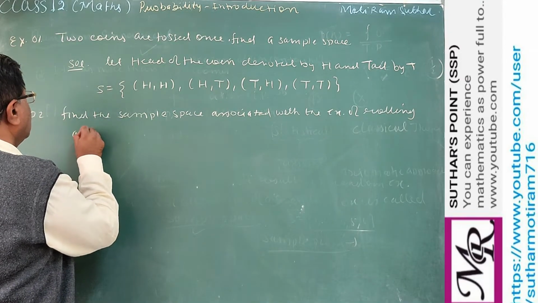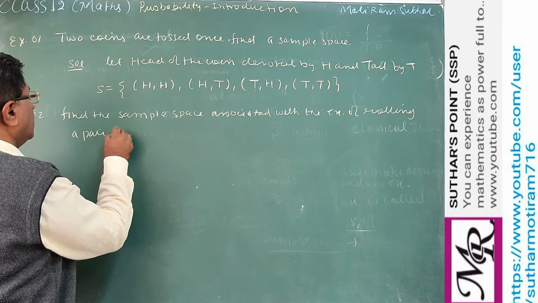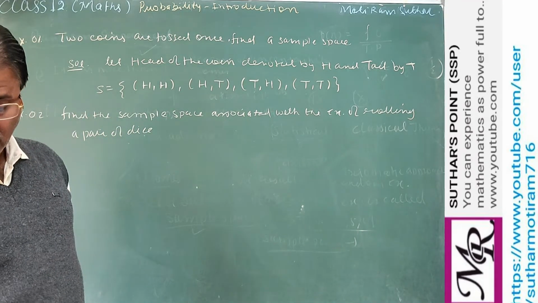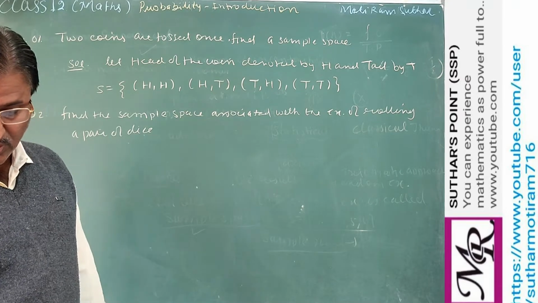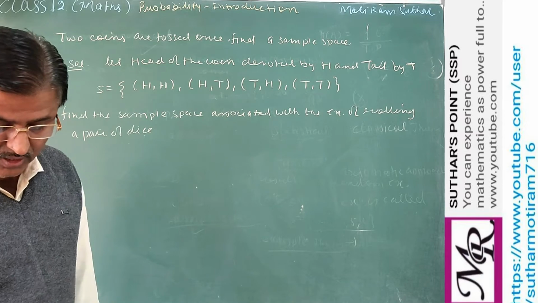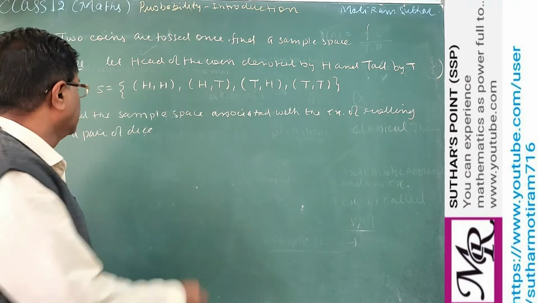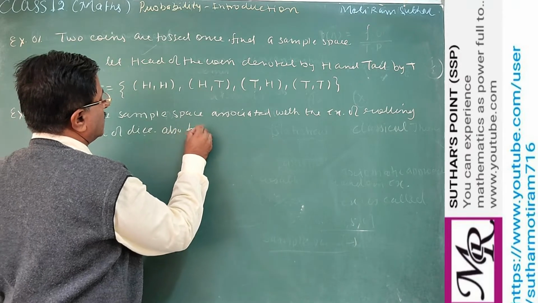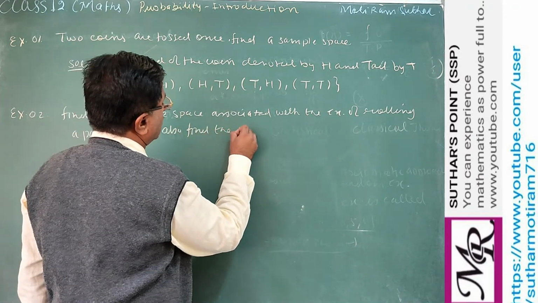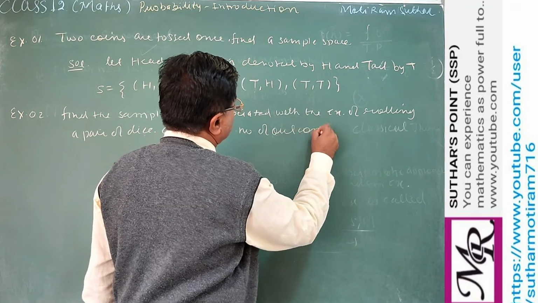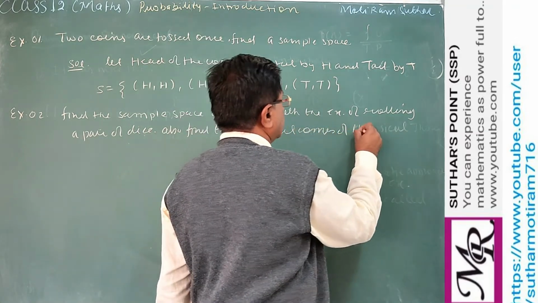Rolling a pair of dice. You already know what results will be there, one blue and the other red. Also find the number of outcomes of this sample space.